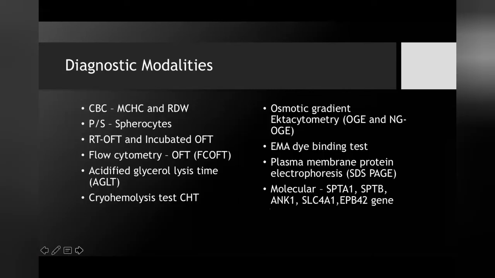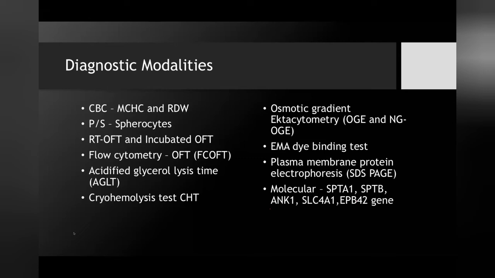So a huge number of diagnostic modalities have been developed for hereditary spherocytosis. Obviously, the role of CBC, as Dr. Vandana told you: the mean corpuscular hemoglobin volume, the sphere cell volume, and the peripheral smear showing you spherocytes. These are the common ways in which you start suspecting HS. The osmotic fragility test, we all know, is the test which has been conventionally used for workup of hereditary spherocytosis.